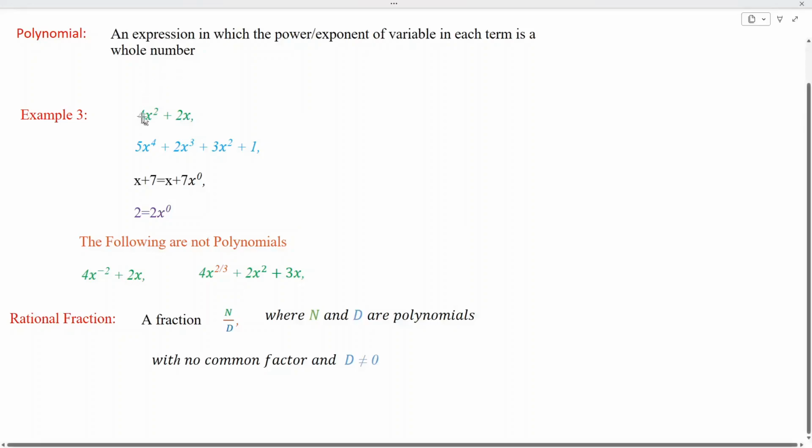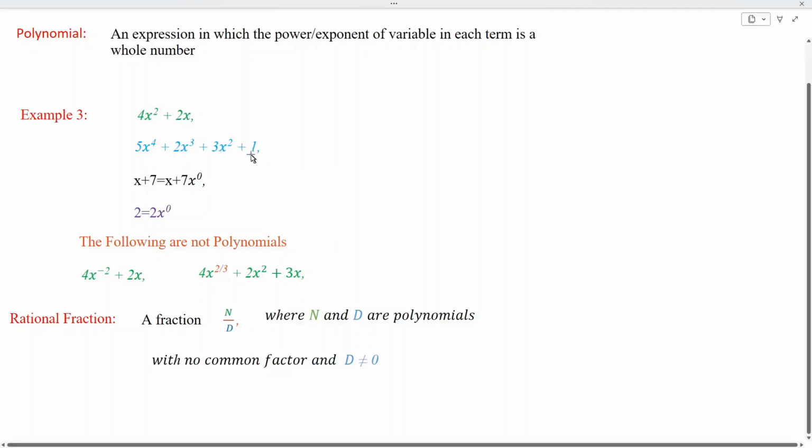For example, look at the first expression. There are two terms. In the first term, the power of variable x is 2. In the second term, the power of variable x is 1. So both are whole numbers and this is a polynomial. Similarly, in the second expression, the power of variable in each term is a whole number.